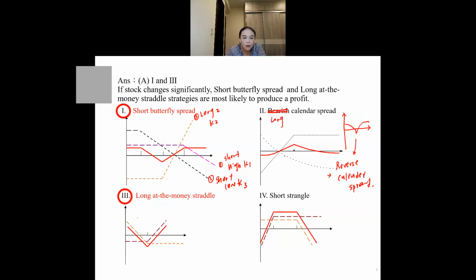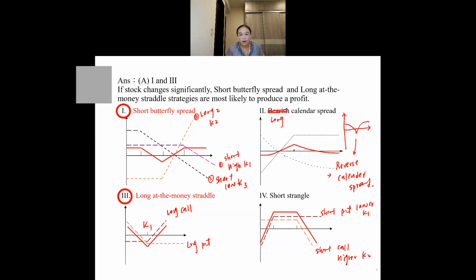Okay. Option 3, long at-the-money straddle. That's correct. We long a put, and then we long a call with the same K1. So it creates a long straddle. That's correct. As for the short strangle, that's the opposite, right? First of all, you short a put with lower K1, and secondly, you short a call with a high K2.